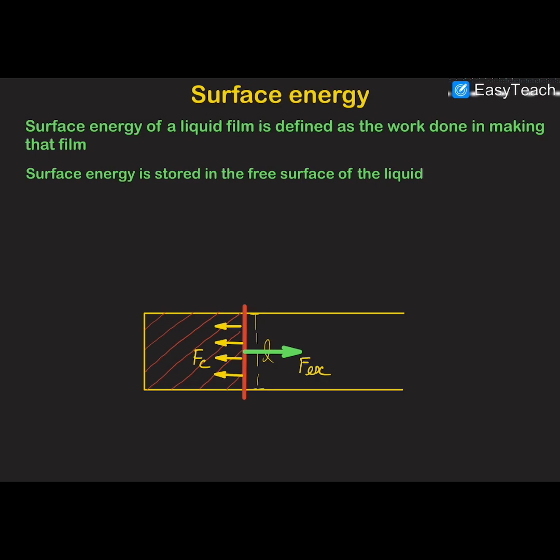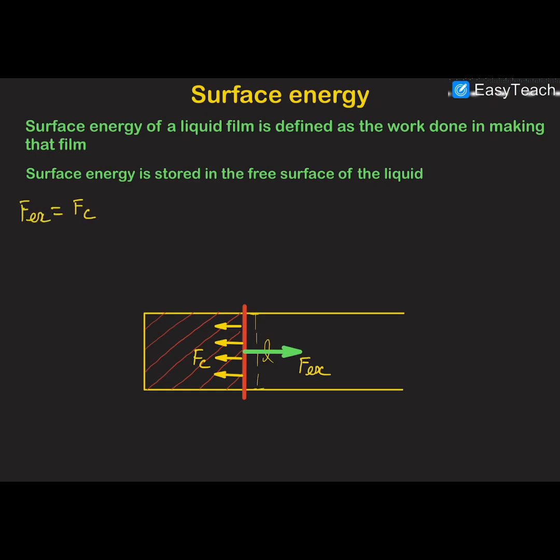Then we are slowly pulling this movable wire apart so that a rectangular shaped liquid film starts to form. The word slowly means that the force which we are applying on the wire, F external, is exactly equal to F cohesive.